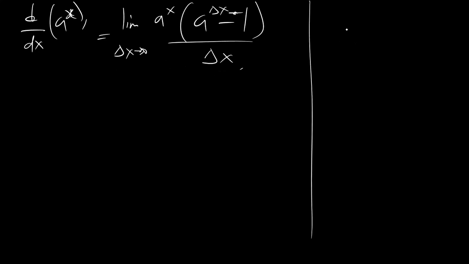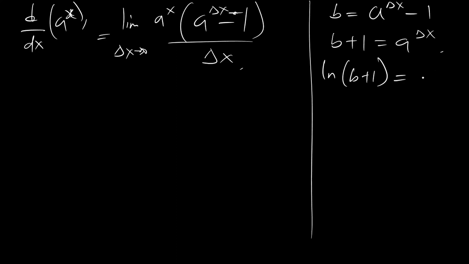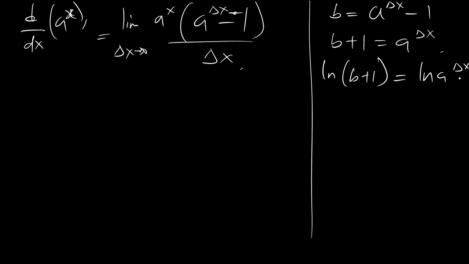Now let me demarcate here. Assuming b is equal to a raised to power delta x minus 1. Moving this minus 1 to this side, you have b plus 1 equal to a raised to power delta x. Taking the natural log of both sides, you have ln of b plus 1 is equal to ln of a raised to power delta x.